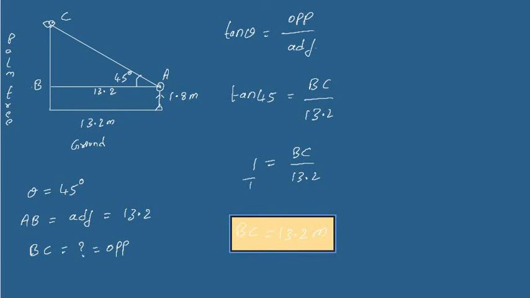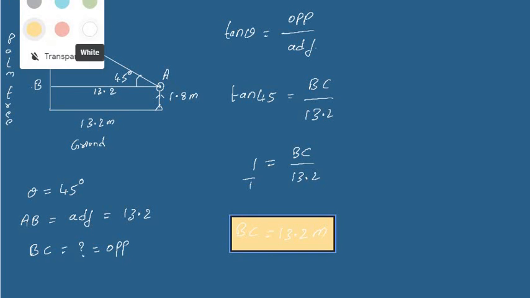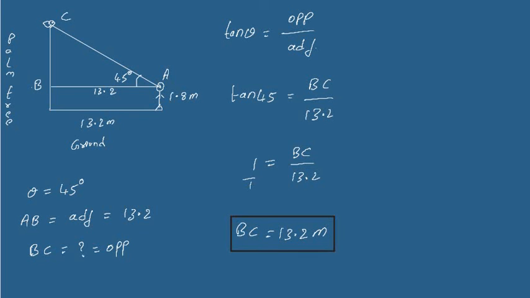Now what they are actually asking is the height of the tree. This is not the height of the tree. Let this be D. The height of the tree is CD.